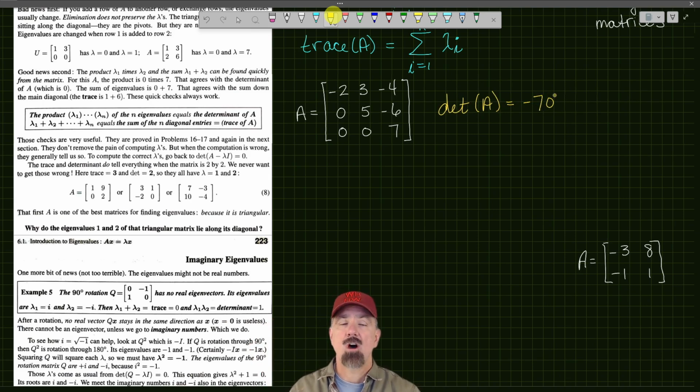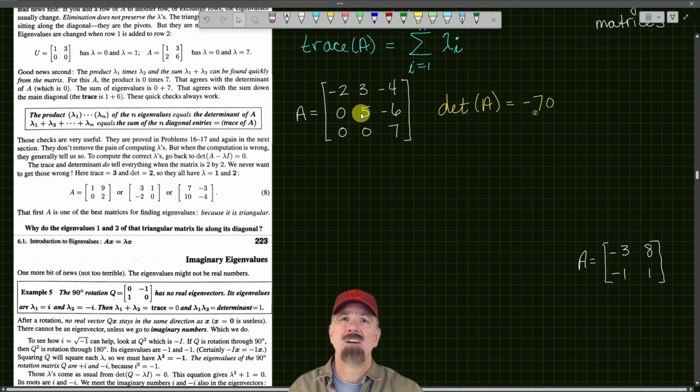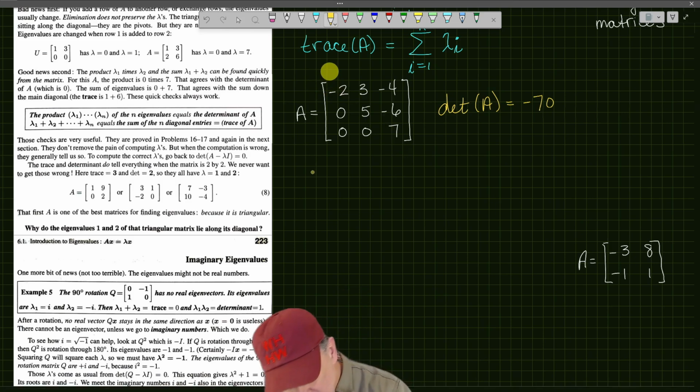We just took the product of the values along the main diagonal. It turns out, in any triangular matrix, the eigenvalues are the values along the main diagonal. And this is actually pretty easy to see. I just want to show you quickly why this is true.